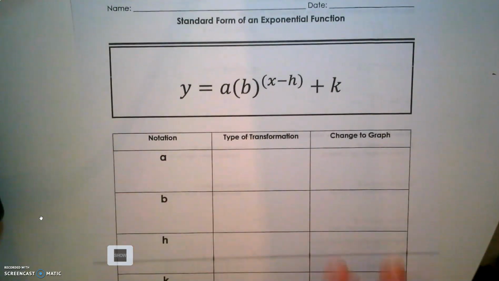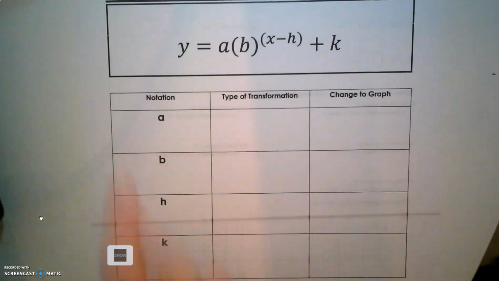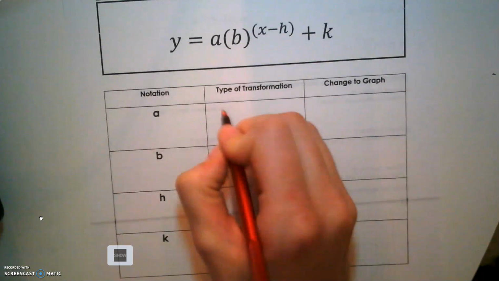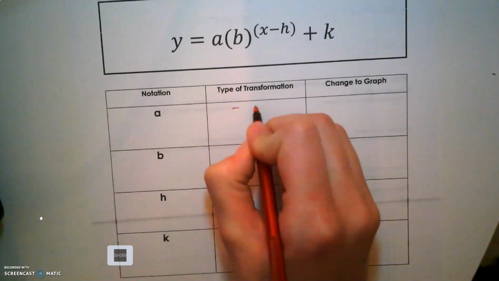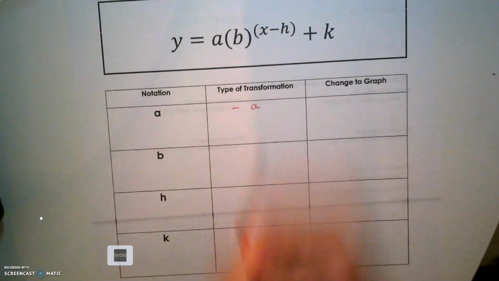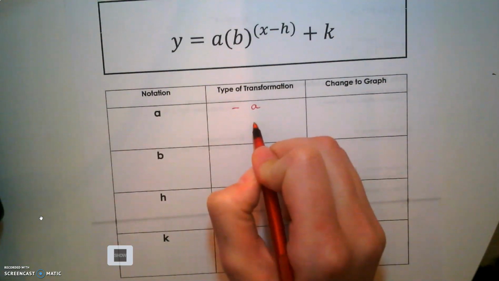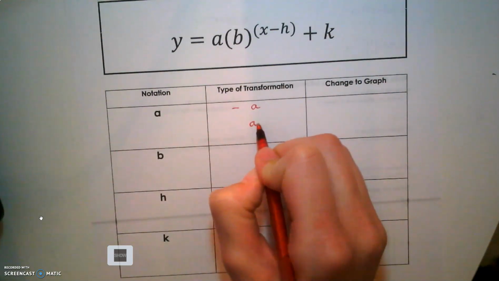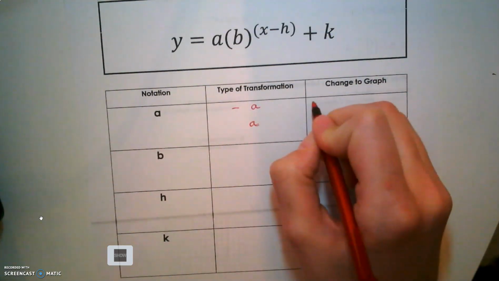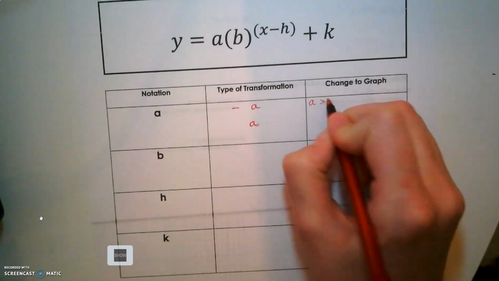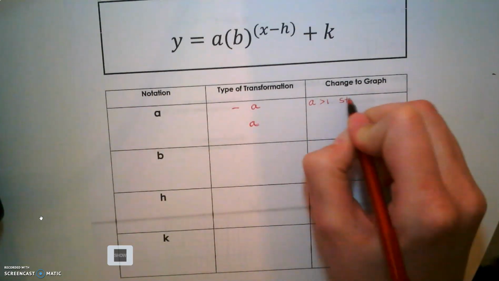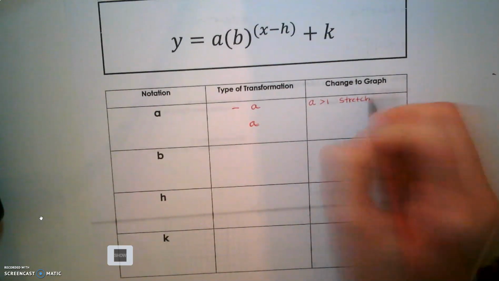Let's start with the letter A. That letter A has several different types of transformations. Remember, we have a negative A, and then we just have an A value. But remember that A value, when it's greater than 1, it was a stretch. That still holds true here.